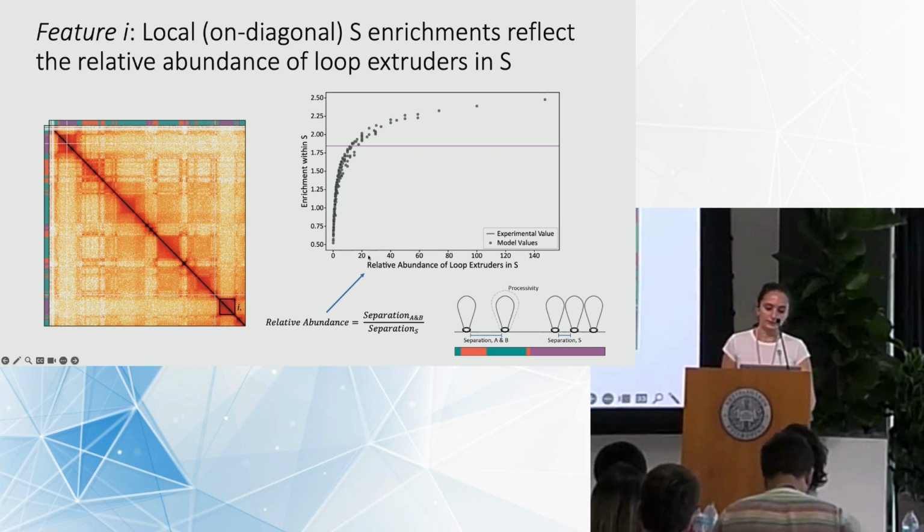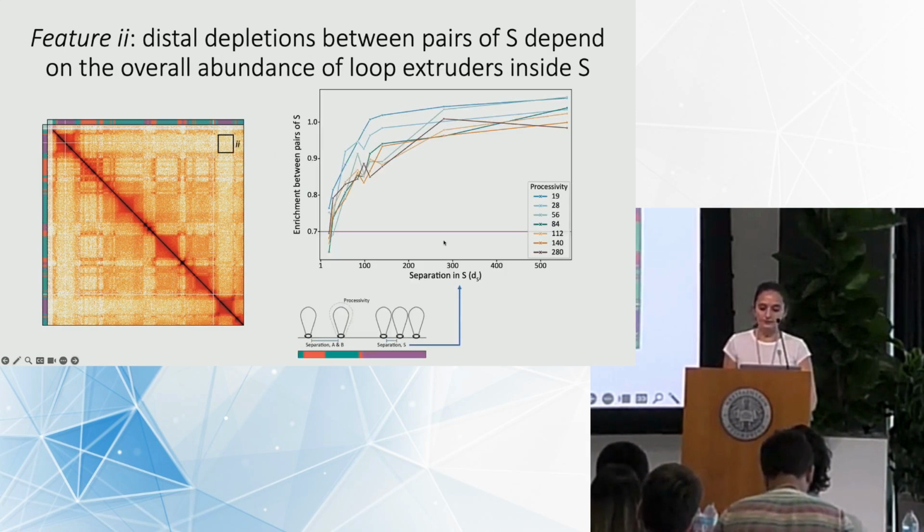As you can see, if we plot the relative separations between loop extruders in S versus A and B, we get this nice prediction for what the enrichment within S is. Next, if we look at the off-diagonal enrichments between pairs of S, interestingly, we find that this is very well described by the overall abundance of loop extruders in S.